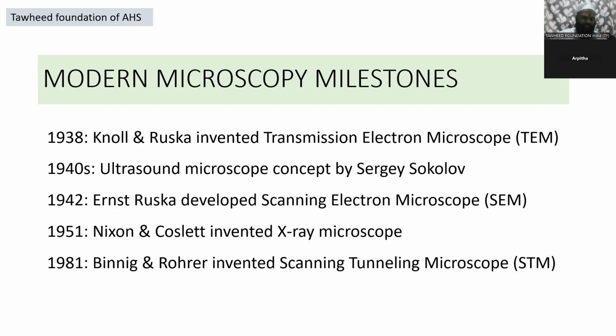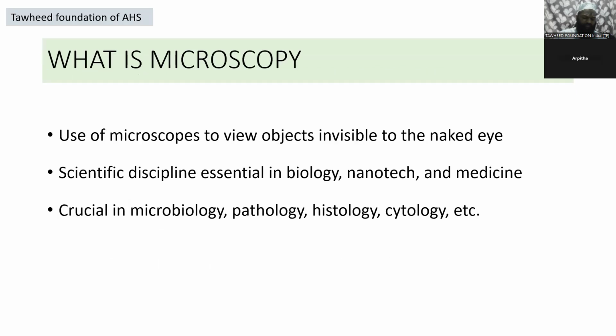In 1951, Nixon and Ellis invented X-ray microscope. In 1981, Binnig and Rohrer invented scanning tunneling microscope. This allowed us to get the 3D image of the object. So these were the early discoveries of microscope by different scientists.